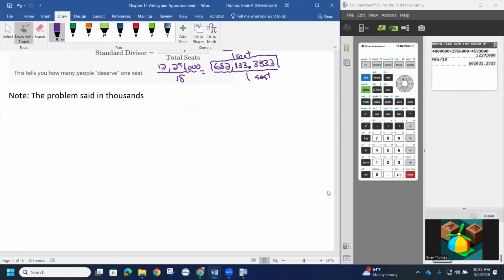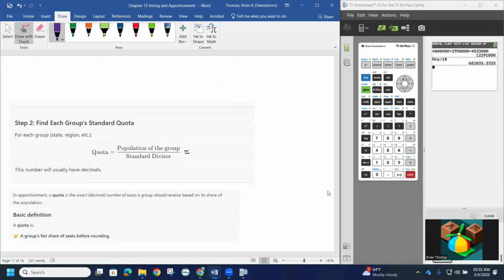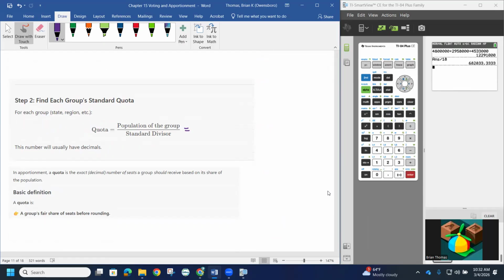So now what we do is we want to determine how many seats each state gets. So the population of each group, this is the first one. We have 4,800,000. We're going to divide that by the standard divisor, which is 682,833.333.